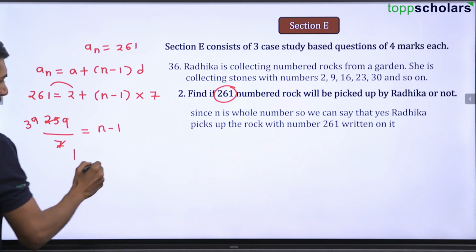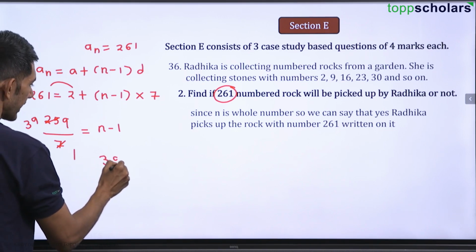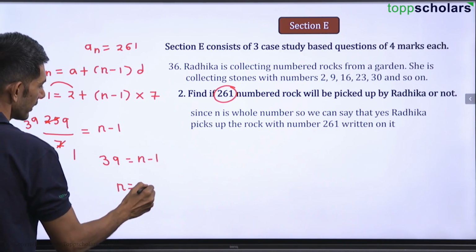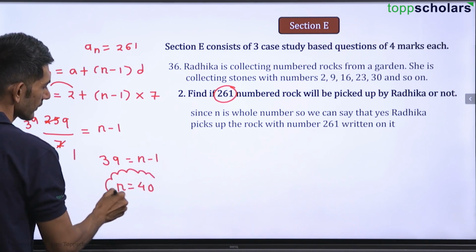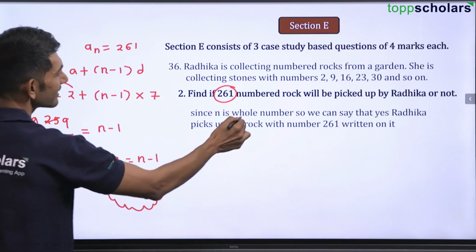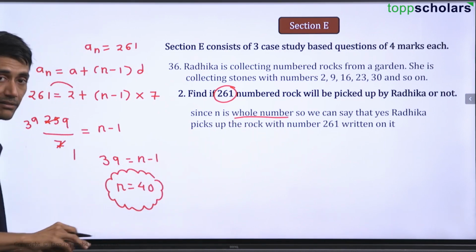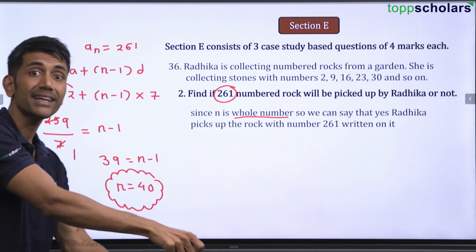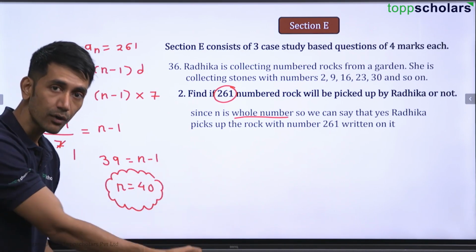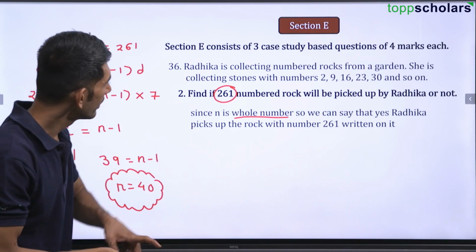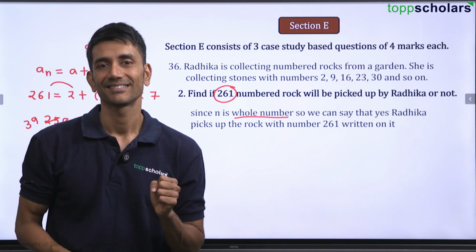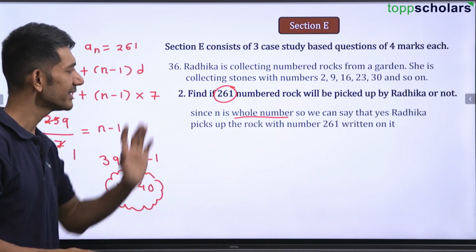So you get 37 over here. Let me correct: you get 39 is equal to n minus 1. So you get n is equal to 40. Are you getting n as a natural number? Yes. That means when she is picking it up in the 40th attempt, this 261 numbered rock will be picked up. So yes, the answer is correct.